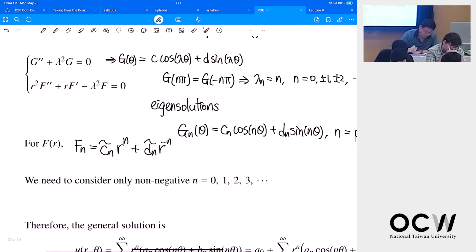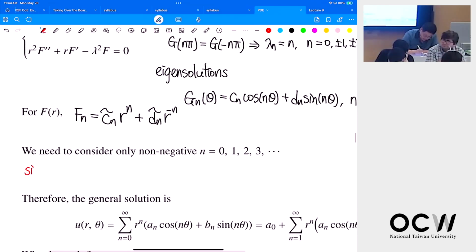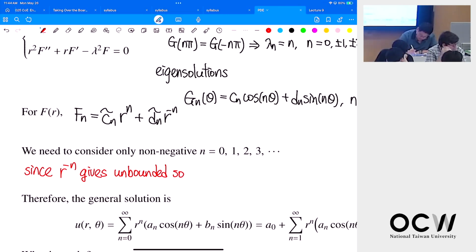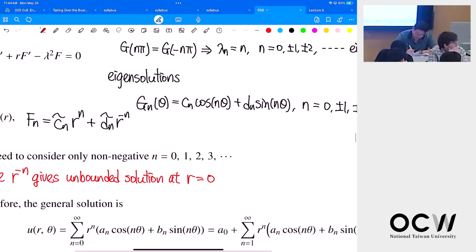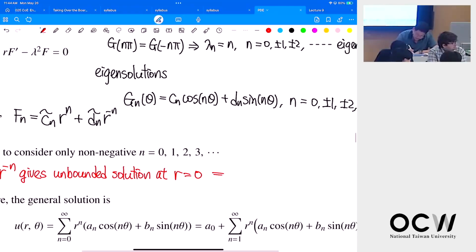So r to the minus n, this term will give an unbounded solution at r equals 0, because it is in the denominator, so we can just let this coefficient D_n equal 0.